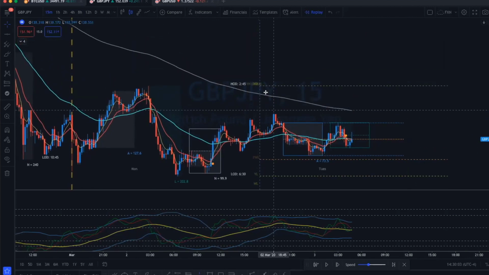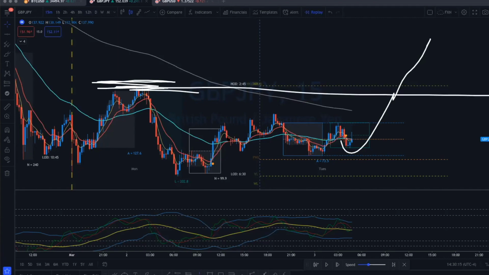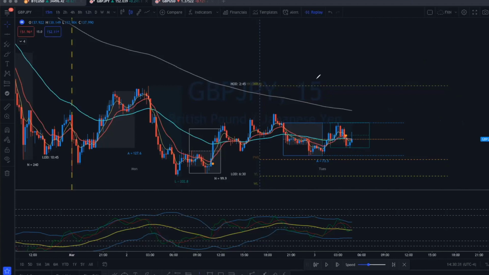For me to start buying, I would want price to break past these highs up here, because that is what's going to get me the 13 and 50 cross on the 1 hour time frame. Does that make sense? If I can get that crossover on the 1 hour time frame, then I can say this is going to be a peak formation low, and I can start looking for buys.